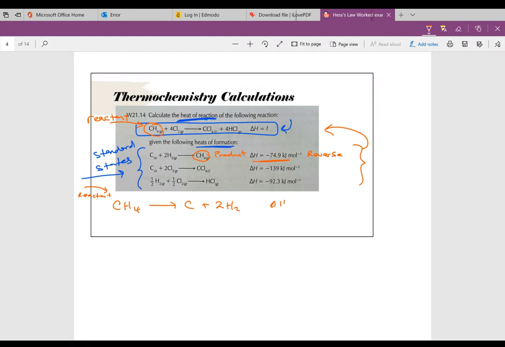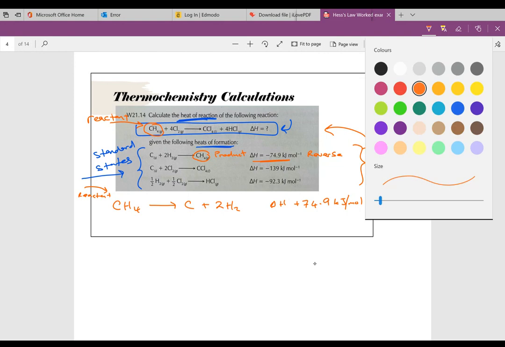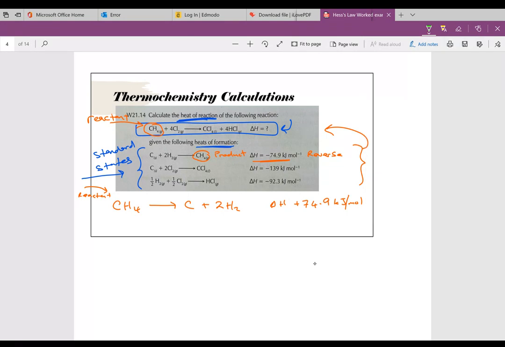In reversing the reaction, I then have to change the delta H. My new delta H now is plus 74.9 kilojoules per mole, because I've reversed it. Instead of it being negative, it's now positive. The next thing I want is the 4Cl2. I have 2Cl2 here, and I have another half a Cl. Now that would only get me 2.5.